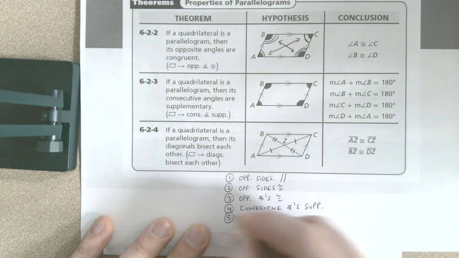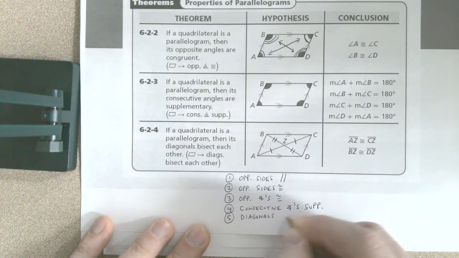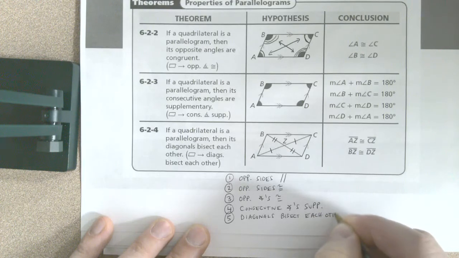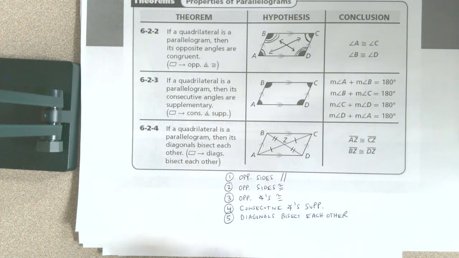And number 5, the diagonals bisect each other. That's kind of the shortened version of what's in that chart and what was on the previous slide.